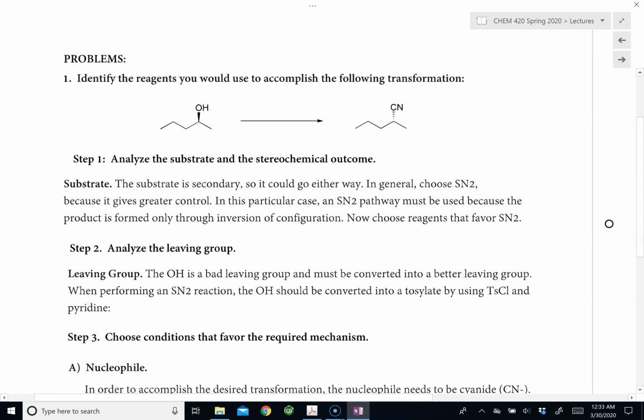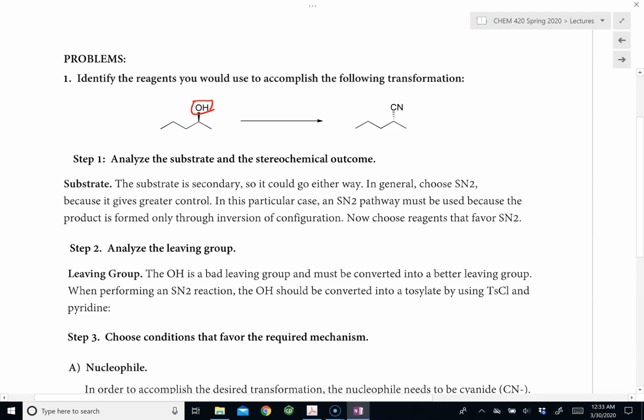Let's now try an example. In this case, this is the product that we want to make. We want to start from an alcohol and convert this into a nitrile. So how would we accomplish this transformation? Again, this is not an alkyl halide, but if it were an alkyl halide, we would still employ the same strategy.